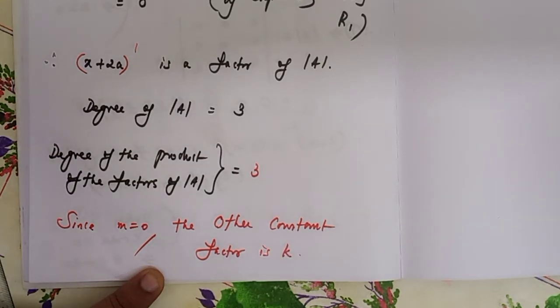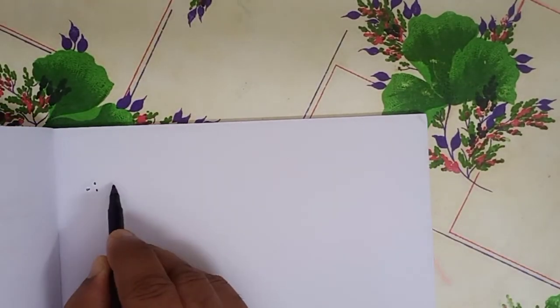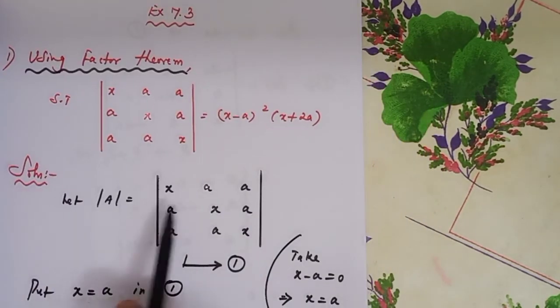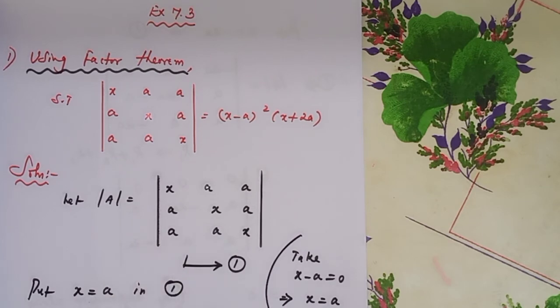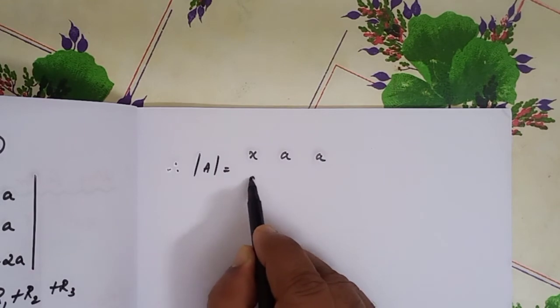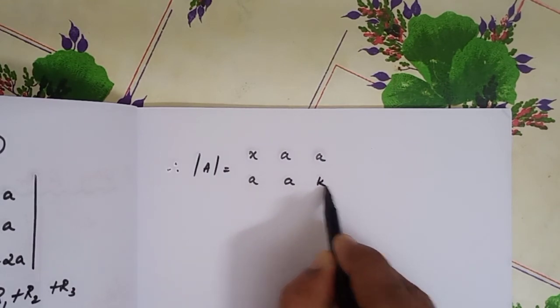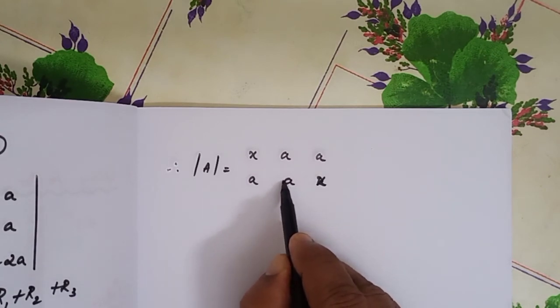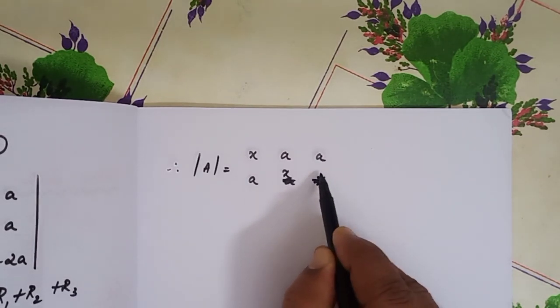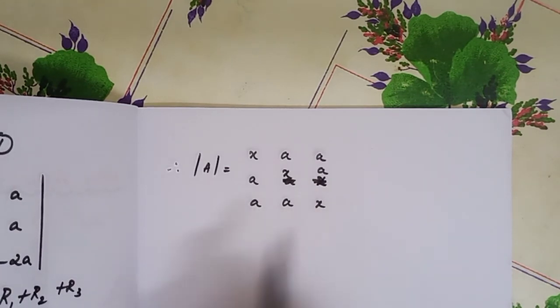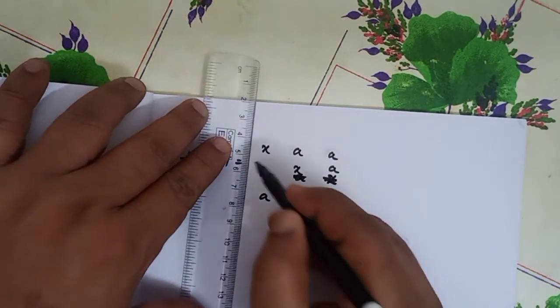Therefore, determinant of A is equal to, what is here? The matrix with rows x a a, a x a, a a x.